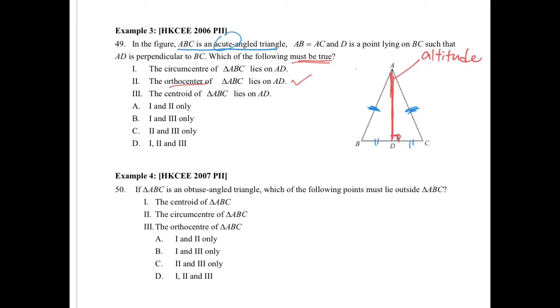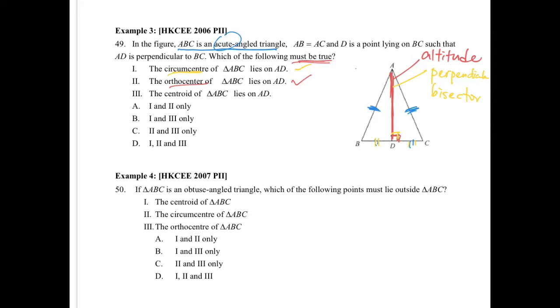It is isosceles, there's a 90 degree line, and it is symmetric, so BD is DC. Together with this 90 degree angle and equality, this line will be a perpendicular bisector, which means the circumcenter is also lying on AD.